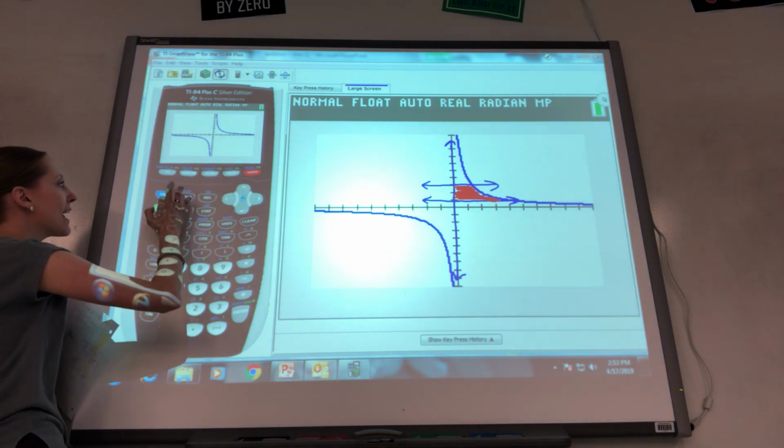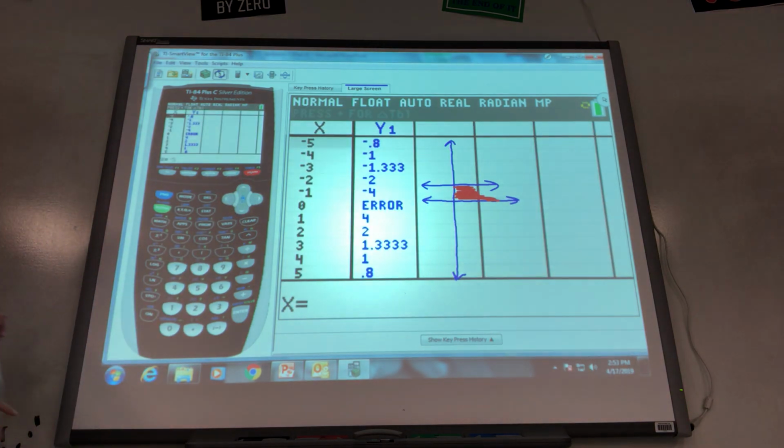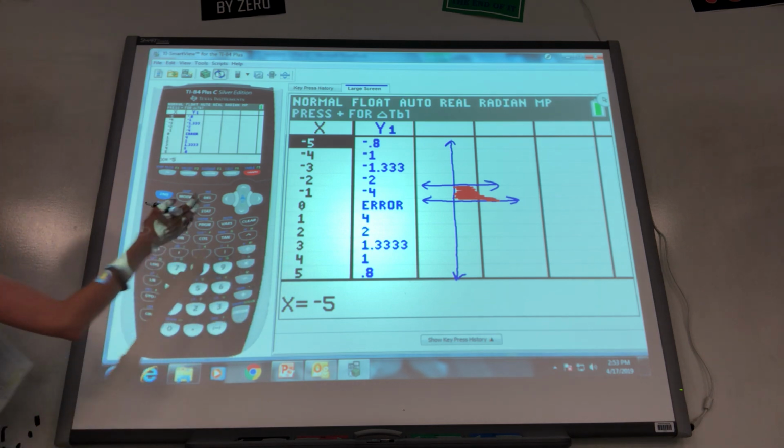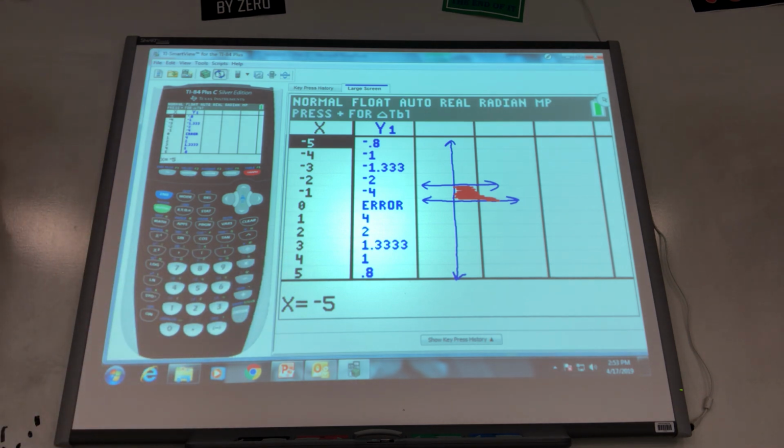Now I can hit second graph to bring up a table again. Keep in mind, we're only looking for that right-hand side. Here are some nice points for us: 1, 4 might be nice, 2, 2 might be nice, 4, 1 might be nice.